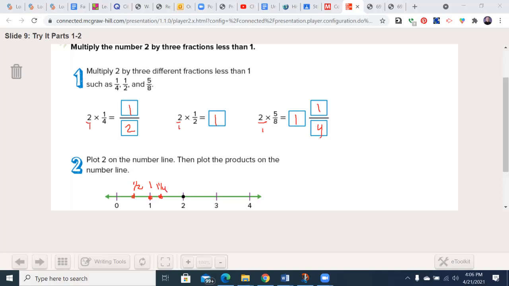So what do we notice? Comparatively to the 2, every one of these is smaller. So when we are multiplying by fractions less than 1, our answer is going to be smaller. Go ahead and write this in. We're going to talk more about that on the other side.